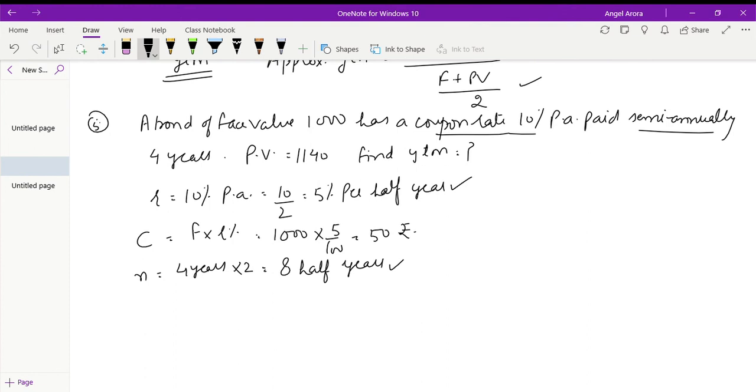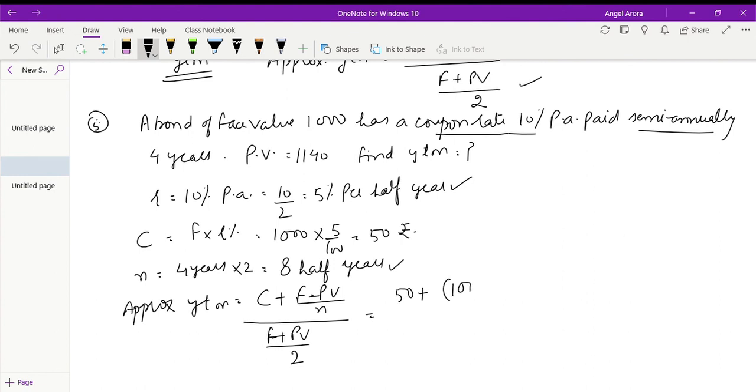Rate will be divided by 2 and N will be multiplied by 2 to get half years. So now formula is approximate YTM is equal to C plus F minus PV upon N upon F plus PV upon 2. So C is 50 plus F is 1000. Present value is 1140 upon 8 upon 1000 plus 1140 divided by 2.